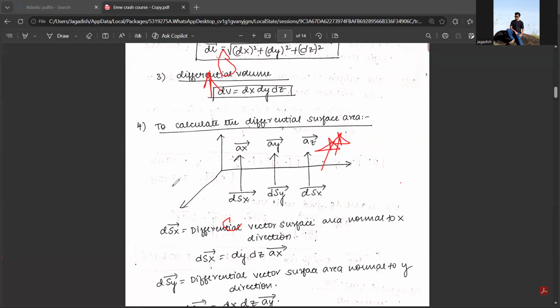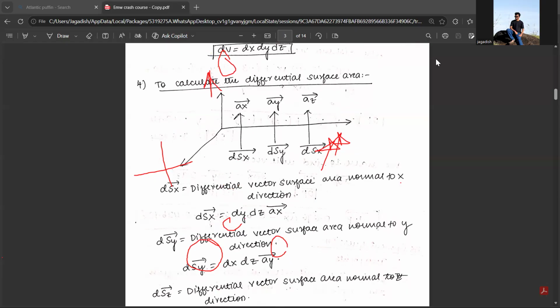If you want the differential surface area in the x direction, you multiply the differentials in the y and z directions along with the ax direction. Very easy to remember. So dSx is dy into dz in ax direction. If you want dSy, you will be doing dx into dz in ay direction.